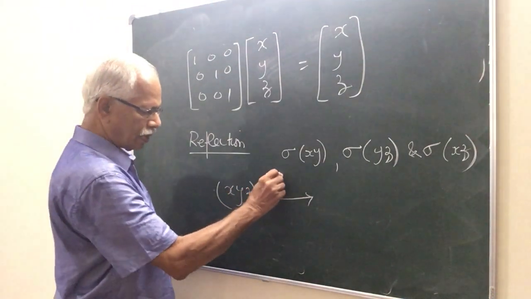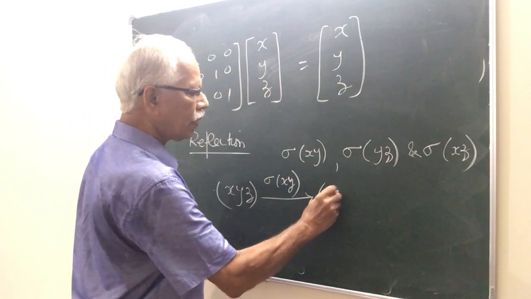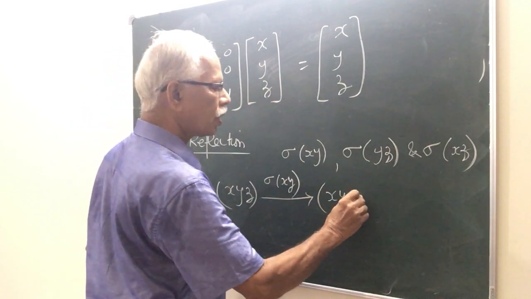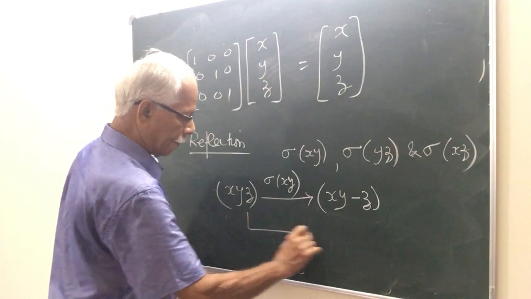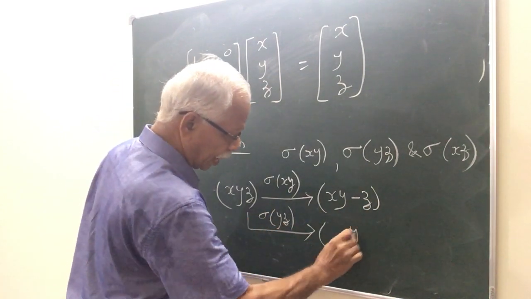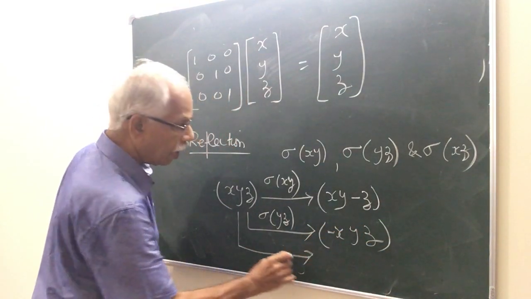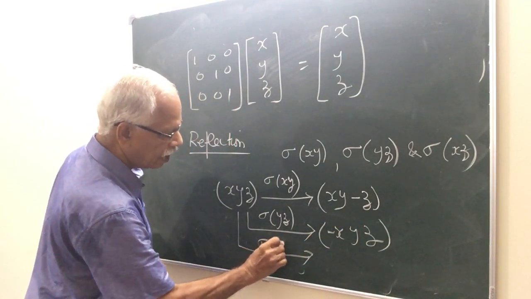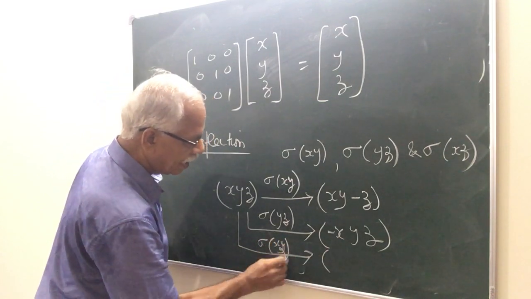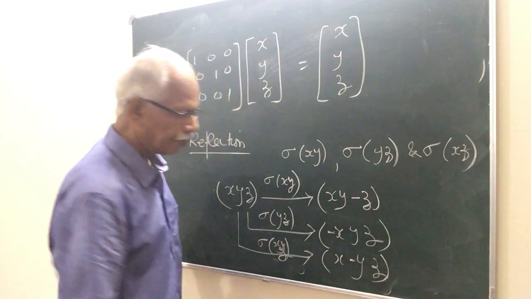So sigma xy will give: x and y will not change, z changes to minus z. Sigma yz: y and z will not change, x changes to minus x. And sigma xz: x and z will not change and y changes to minus y.